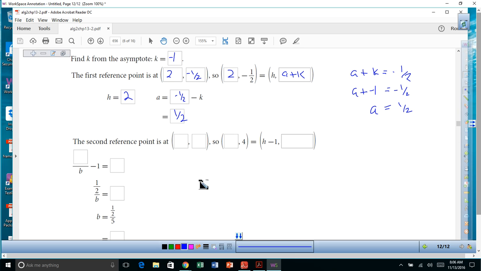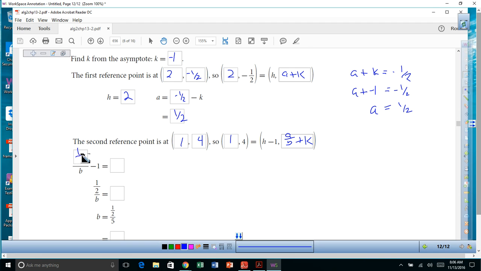All right. The second reference point was at 1, 4. So 1, 4 equals h minus 1, and then a over b plus k. Well, a over b, so a is, we figured a is 1/2, right?